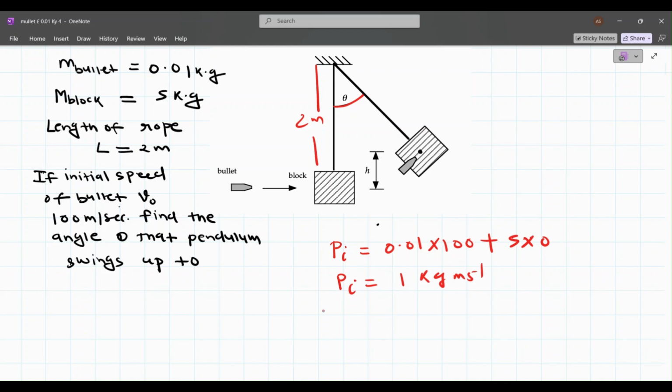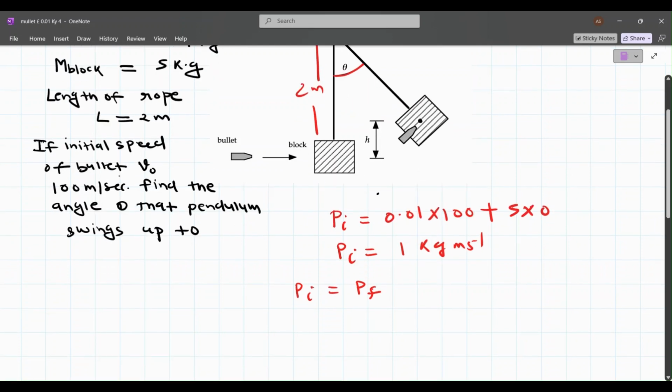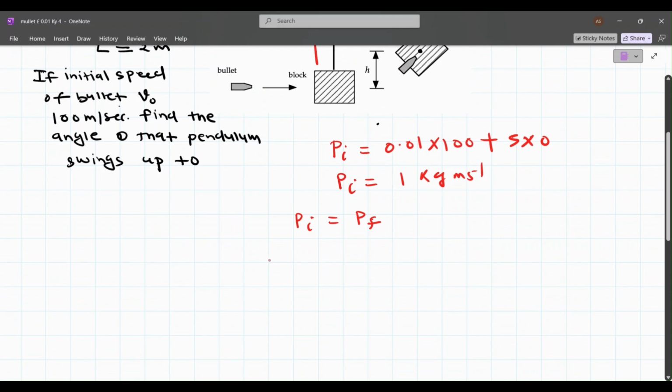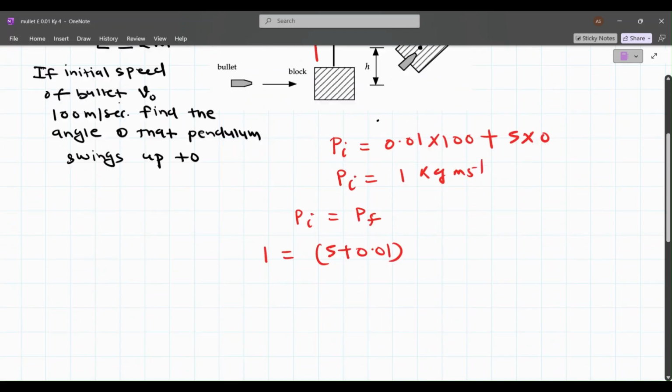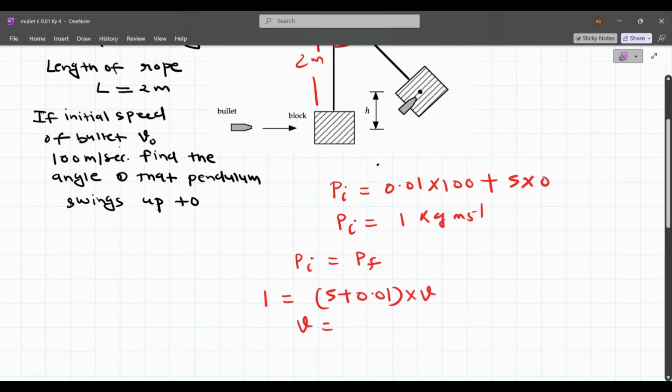By the conservation of momentum, the initial momentum is equal to the final momentum, or we say the total momentum before collision is equal to the total momentum after collision. Since it's an inelastic collision, because the bullet and block move with a common velocity, 1 is equal to the sum of both the masses, which is 5 plus 0.01, times the velocity, which we have to find, with which it swings.